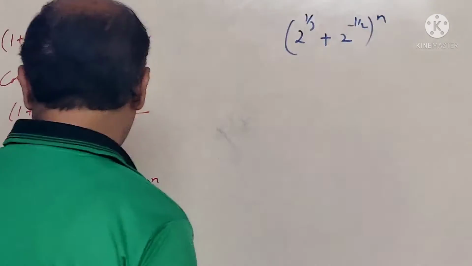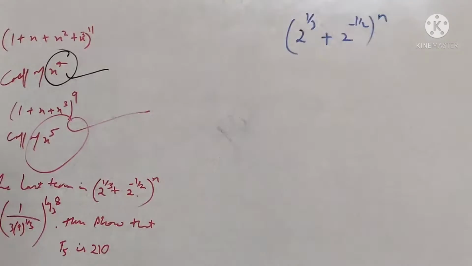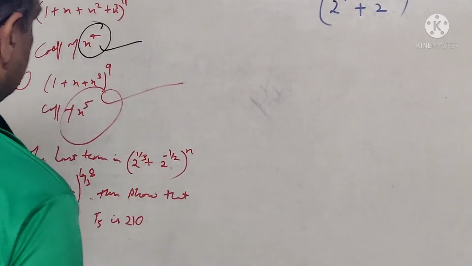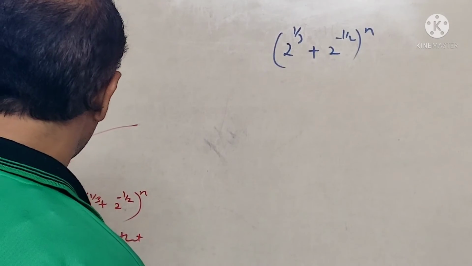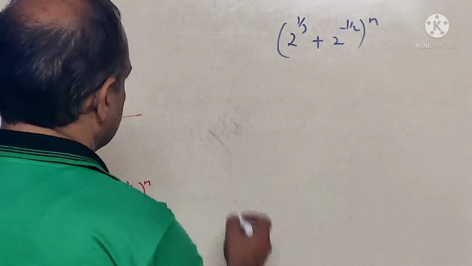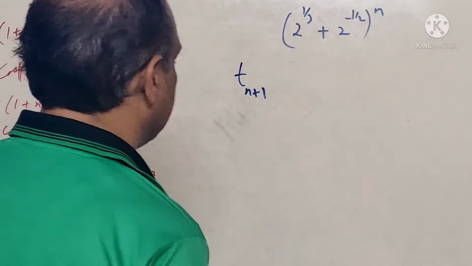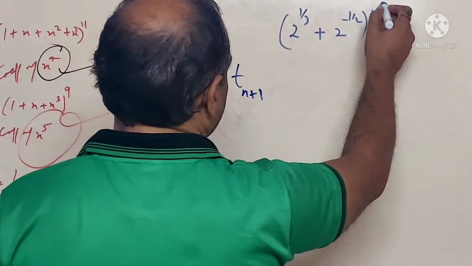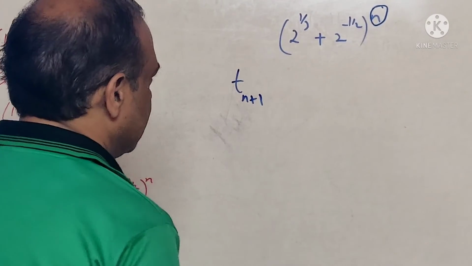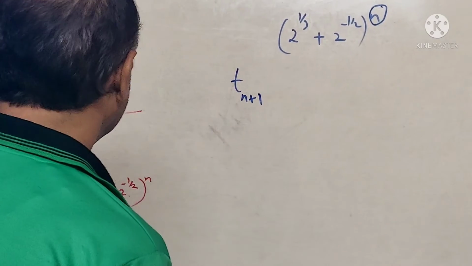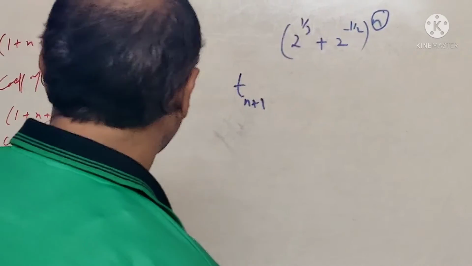You are given the last term is this much. Then the last term, the nth term, is T(n+1). The total number of terms are n plus 1 because it is whole raised to power n. This n gives the number, and the total number of terms here are n plus 1.